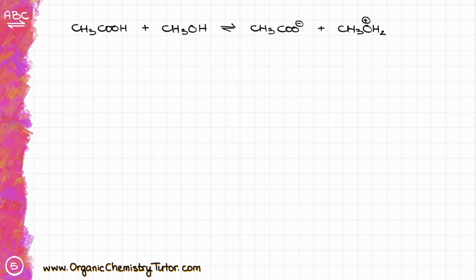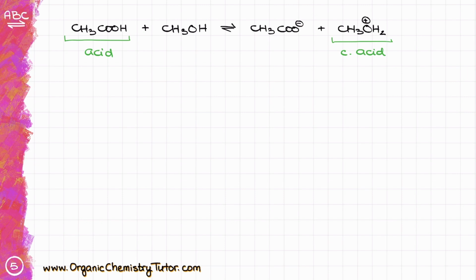So the acid on my left side is going to be the acetic acid. The conjugate acid on my right side is going to be the protonated species. And in order to estimate where equilibrium lies, I need to know the pKa values for those species.